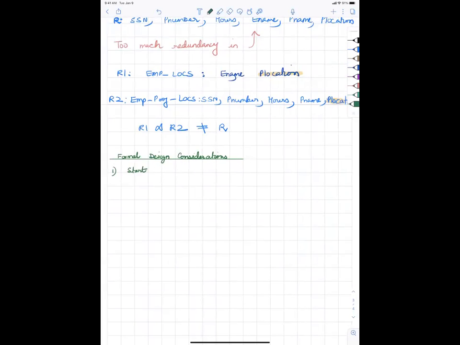You can think of it as a universal relation. You throw all the attributes into one table. So you start with a relation that has all the attributes.